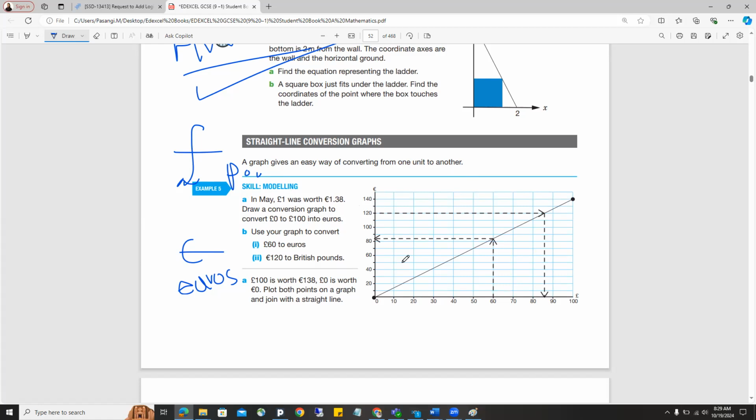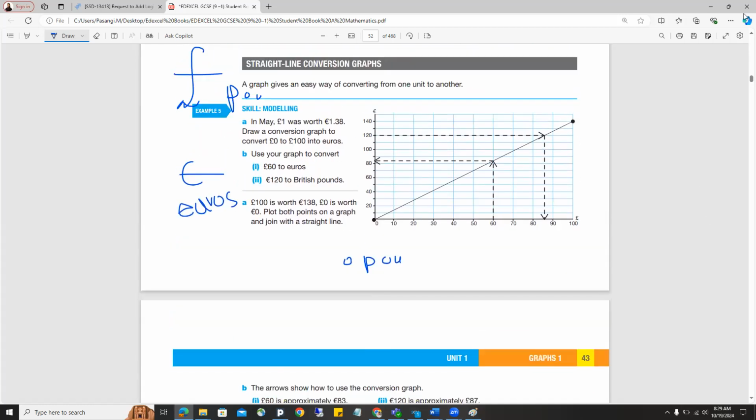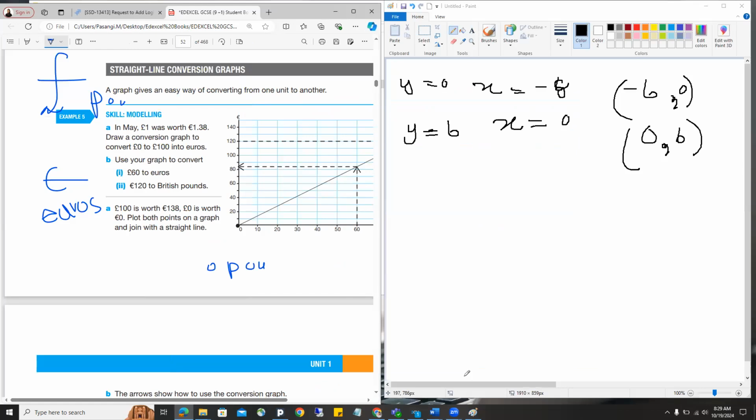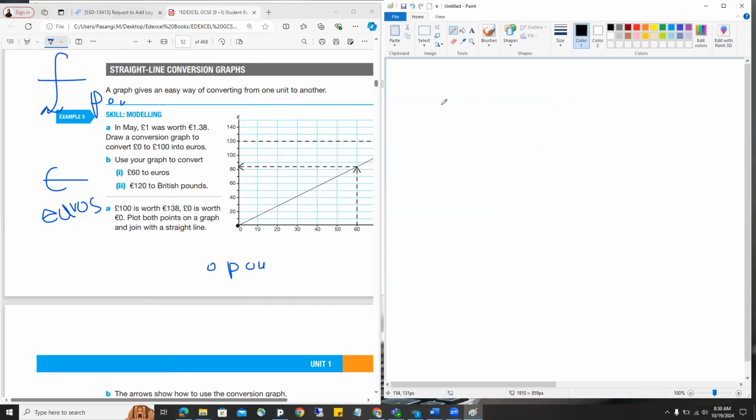So how are we going to do this? If it's 0 pounds, how much is it in euros? We should have a data table. So how do we draw this data table? It's like this.